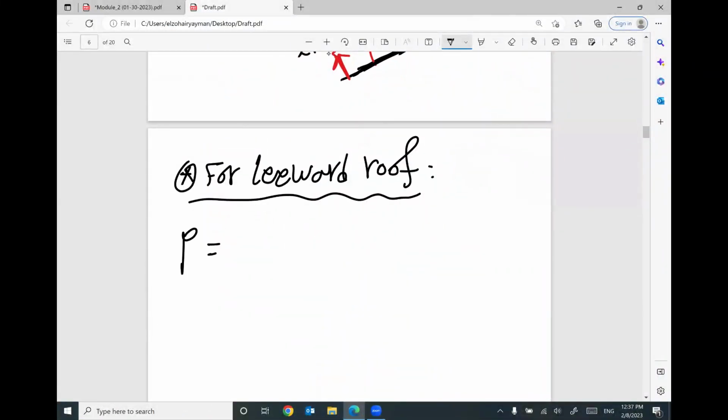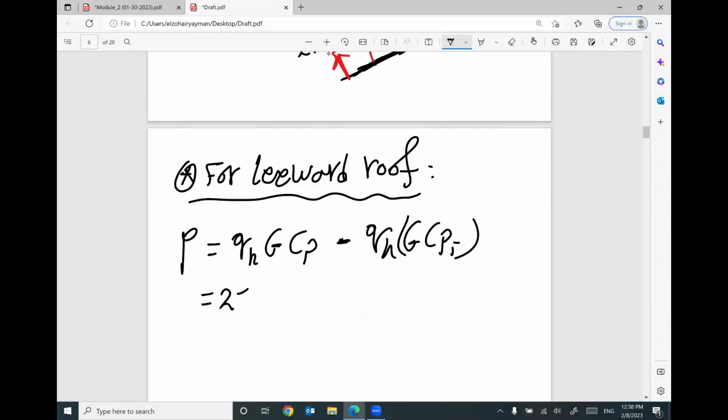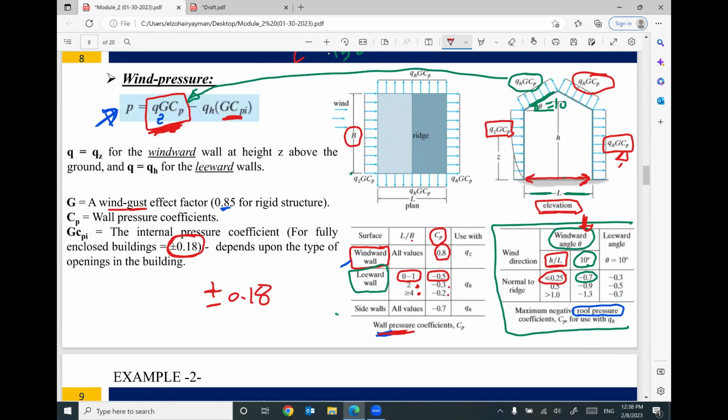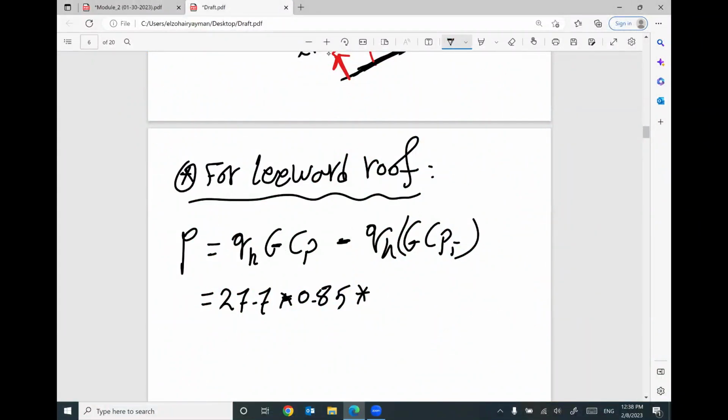Your pressure equals QH times GCP minus QH times GCPI. Your QH is 27.7. The value of G is constant, 0.85. But for CP, we need to use this side of this table. Leeward angle, your angle equals 10, and your H divided by L is smaller than 0.25. I'm gonna use this value, negative 0.3. So we will have here negative 0.3.